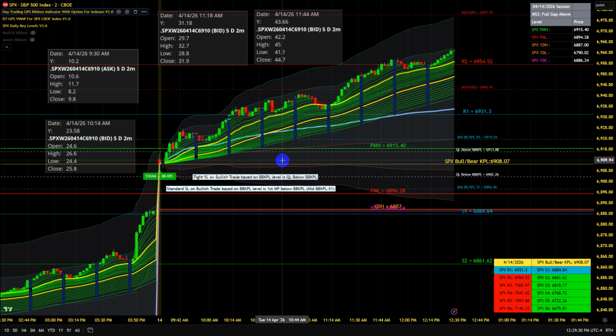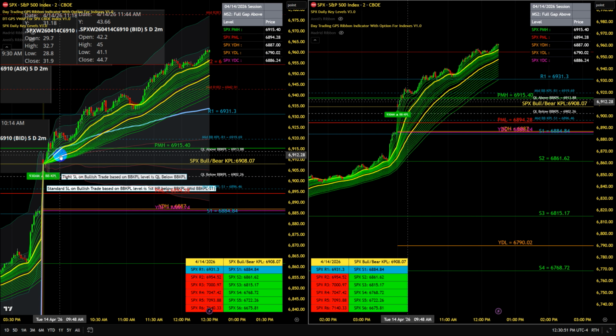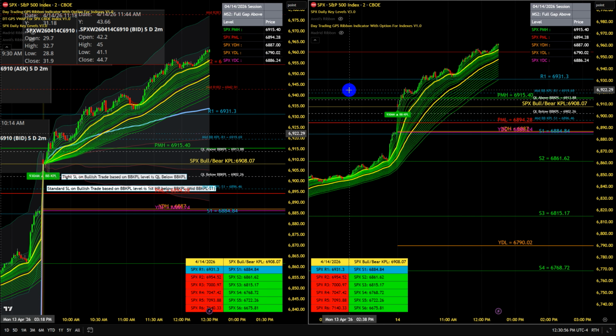So as an example, here is with the filter on, and this is with the filter off. Same ribbon indicator. So you can have a dual screen look.